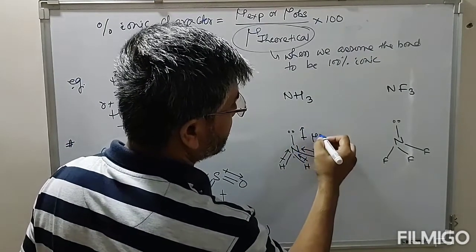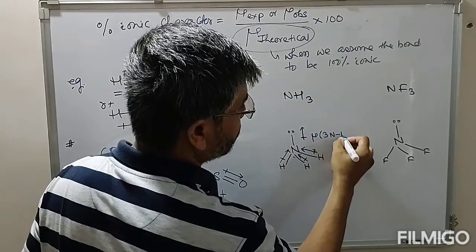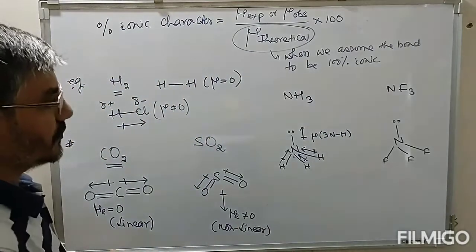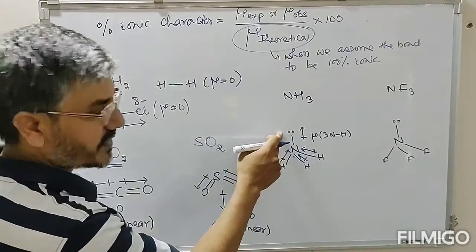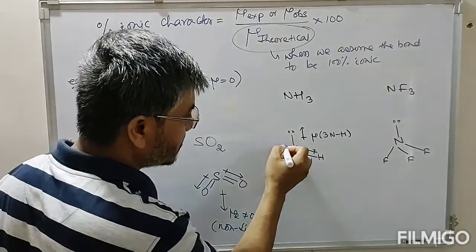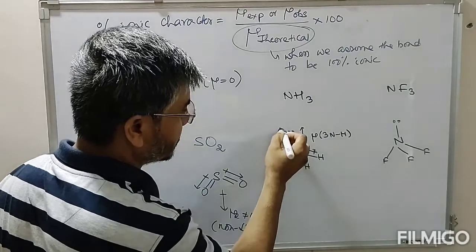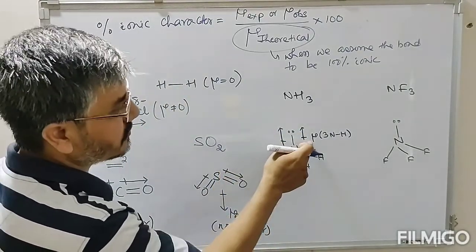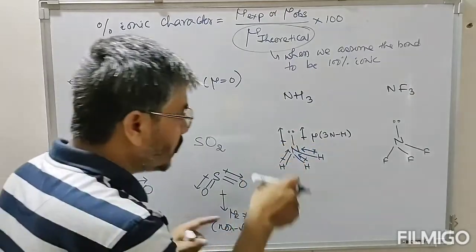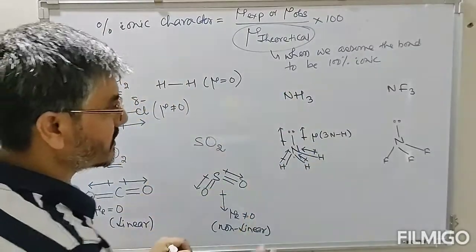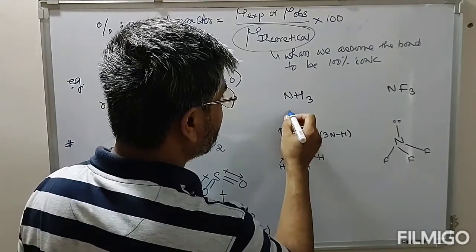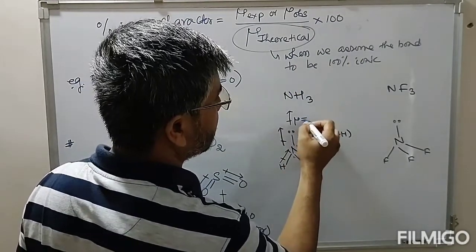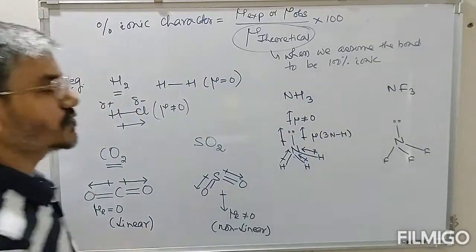On the other side, we have a lone pair of electrons, and the direction of this lone pair is in this mode. This is for the nitrogen lone pair, and this is for nitrogen-hydrogen. Both the dipoles are directed in the same direction, so they add up to give the resultant, which is not equal to 0.